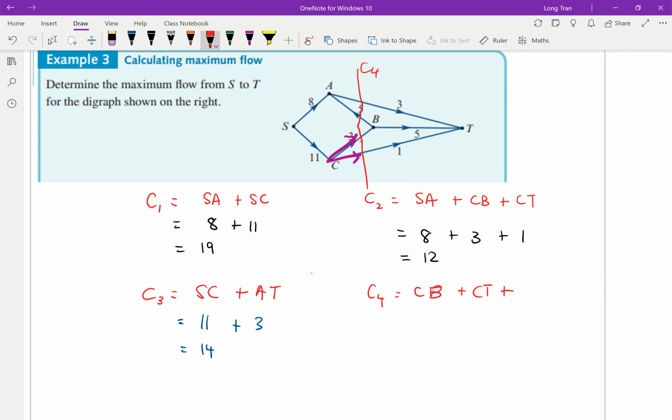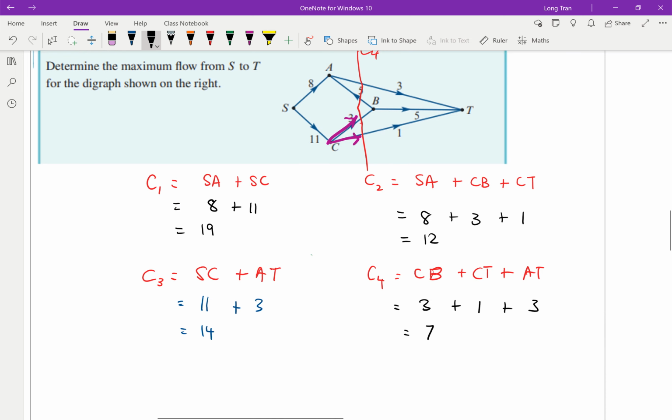I can see that AB again is getting cut, but that's from the sink side towards the source side. So no, we're not going to include AB. But from A to T again, we can. So in this particular example, CB, which was 3, CT, which was 1, and then AT, which was 3. So that gives me a total of 7 as my capacity.